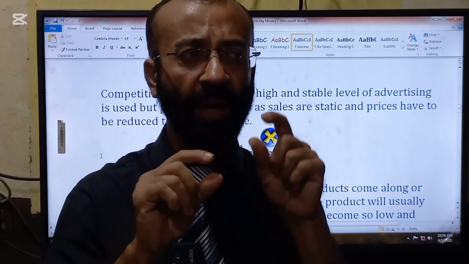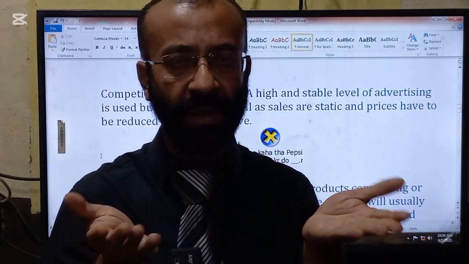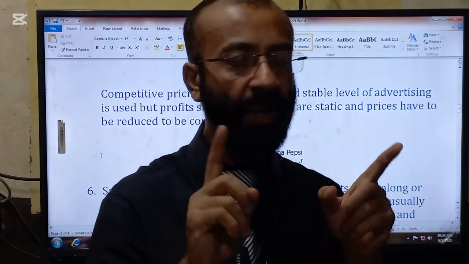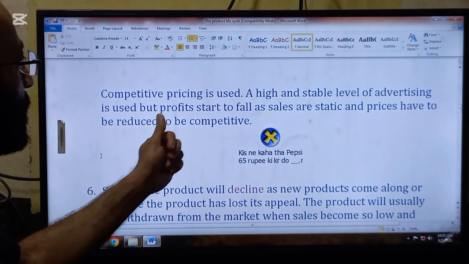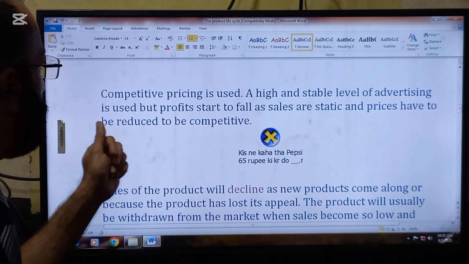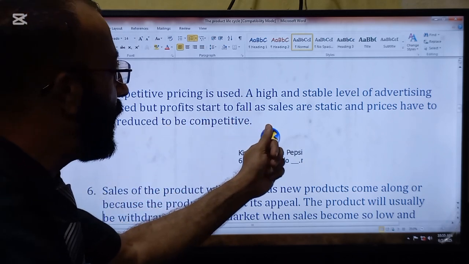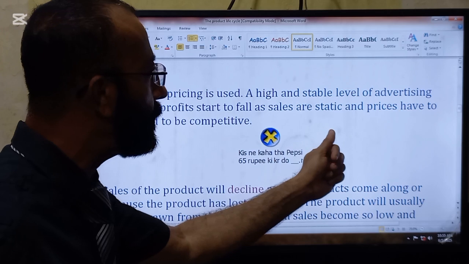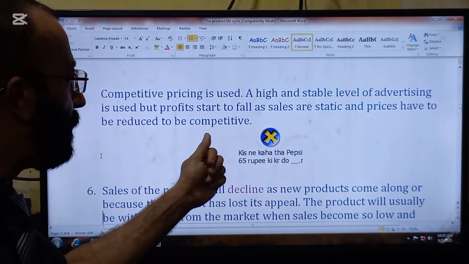For example, the price of Mountain Dew and 7 Up is almost the same in Pakistan. So this kind of price strategy is called competitive pricing. So competitive pricing is used, a high and stable level of advertising is used, but profit starts to fall as sales are static and prices have to be reduced due to competition.